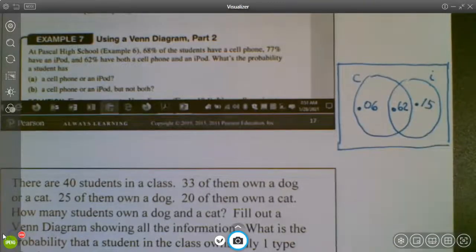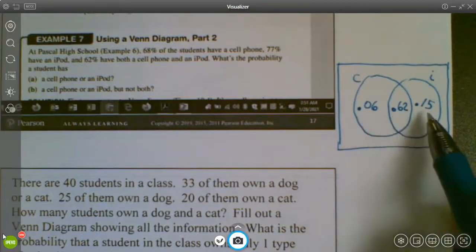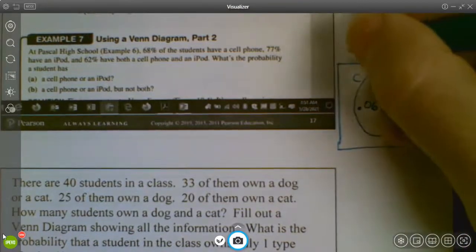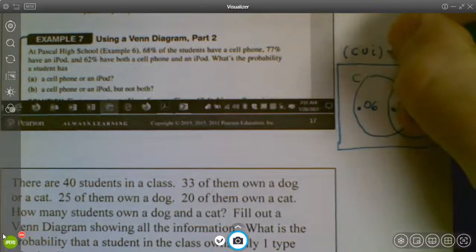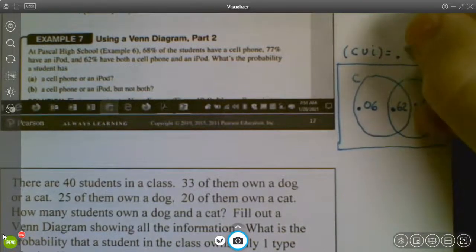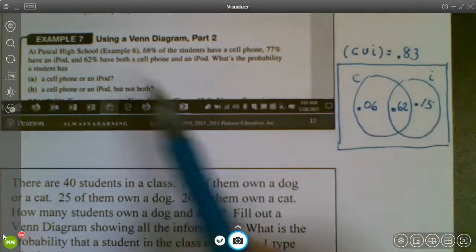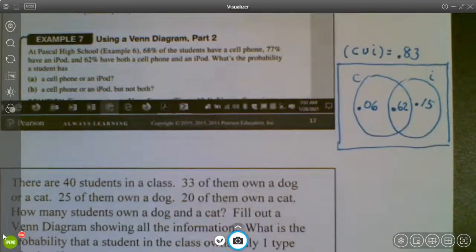That tells me that 83% are in those circles right there. So who has the cell phone or the iPod are those 83%, and that was the answer to the first question they asked right here.